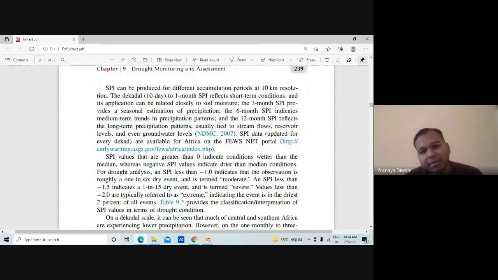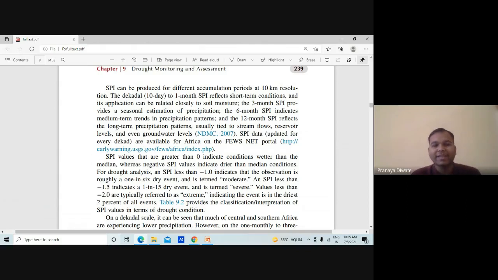The SPI can be produced for different accumulation periods at 10 kilometer resolution. The decadal to 1-month SPI reflects short-term conditions and can be related closely to soil moisture.